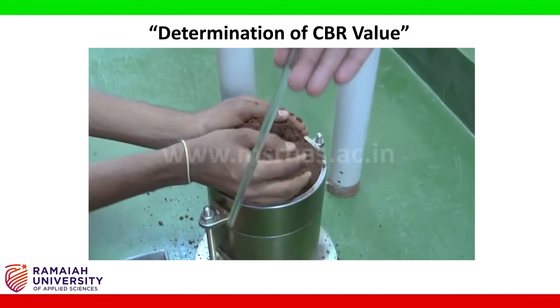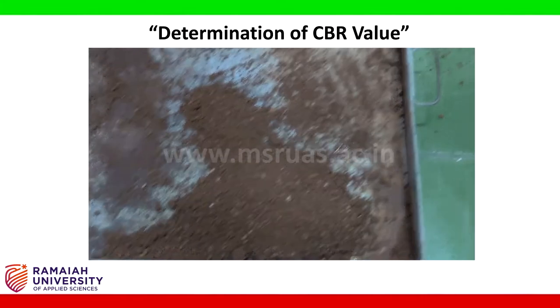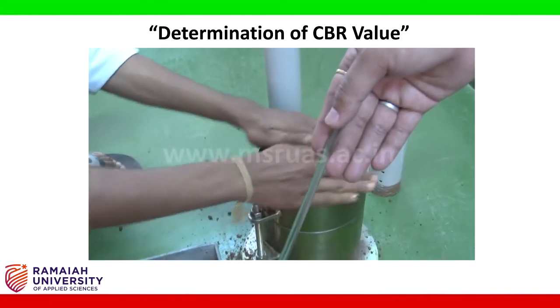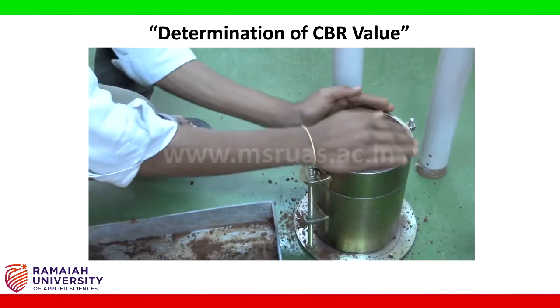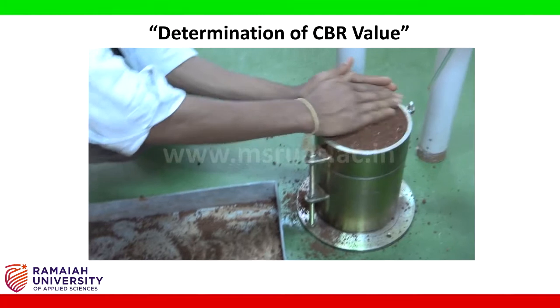It is not necessarily required to transfer all the material that we have here, as we have taken excess of soil to accommodate the wastage because of spillage that might take place during the compaction process. Remove the extra material and start compacting the third layer.